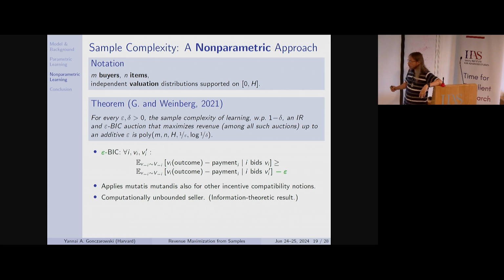a very good auction. If you would have thought about a single sample, even if you're unbounded computationally, a single sample cannot possibly contain within it enough information to uniquely identify, even in the mathematical sense, an auction that maximizes revenue up to an epsilon.